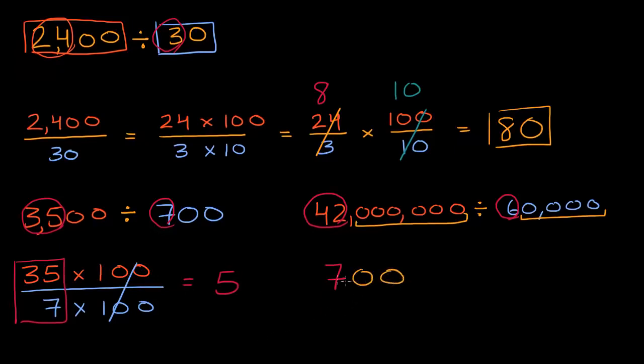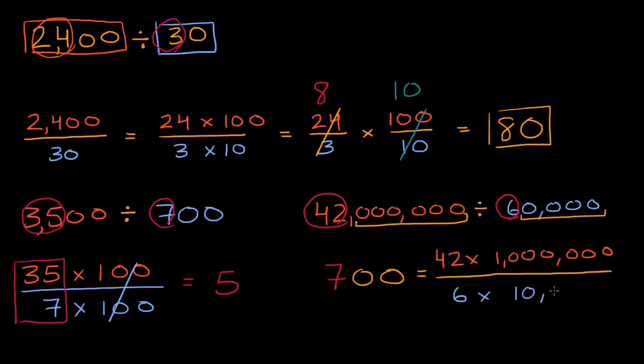Now, once again, not a magical trick. The way that we got this is that this is equal to 42 times a million, where we got our 6 zeros, divided by 6 times 10,000. So our 42 divided by 6, that's where we get the 7 from.